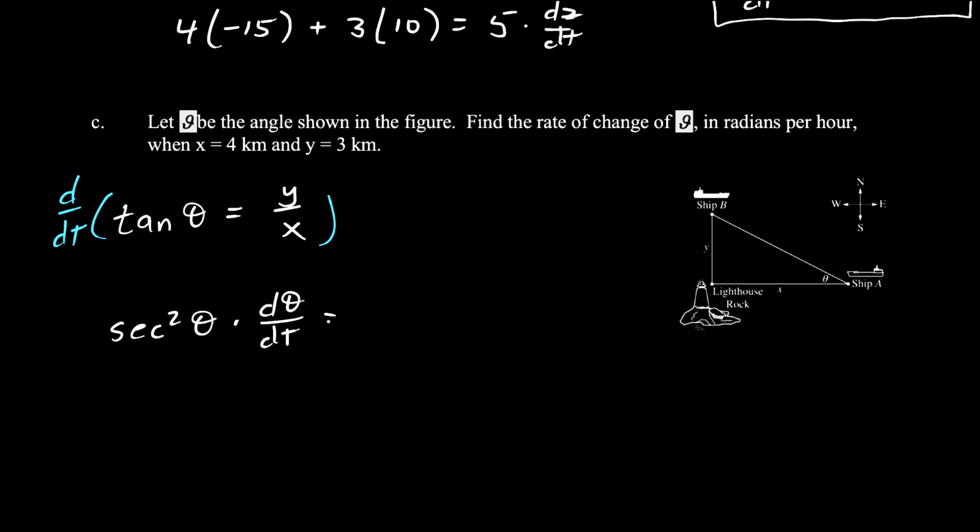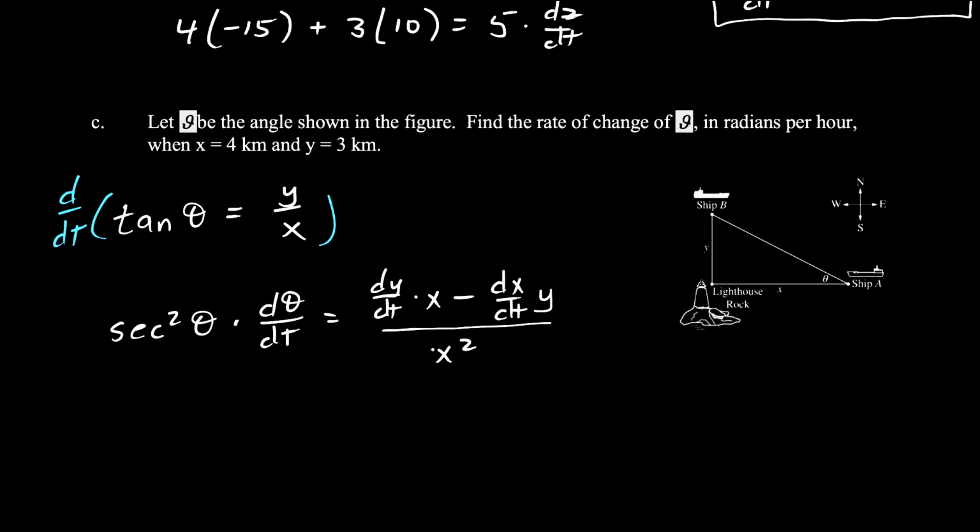Now we have the quotient rule because it's y over x. So if we d/dt y, we're going to have dy/dt times the bottom, which is x, minus derivative of the bottom, which is dx/dt, times the top, which is y, all over the bottom squared.